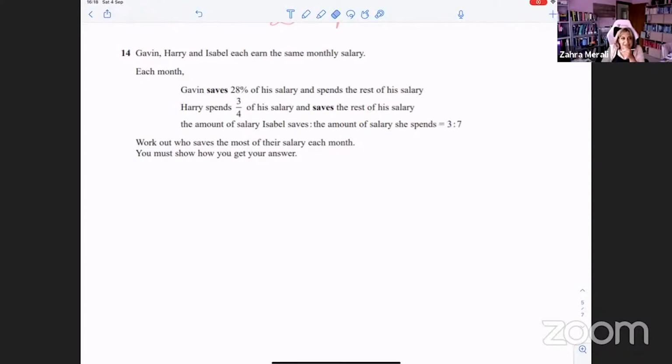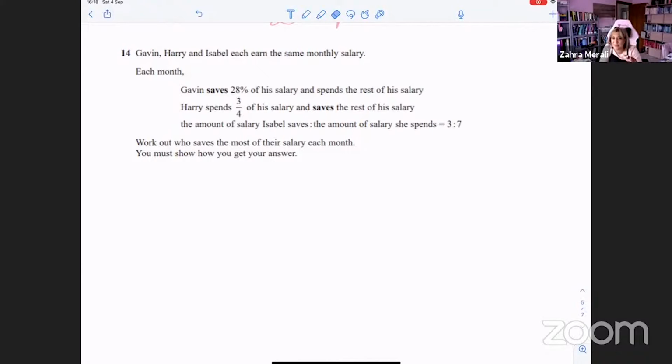So we've got Gavin, Harry, and Isabel each earn the same monthly salary. Each month, Gavin saves 28% of the salary and spends the rest. Harry spends 3/4 and saves the rest. And the amount of salary Isabel saves to the amount she spends is 3:7. So we've got a bit of ratio in there as well.